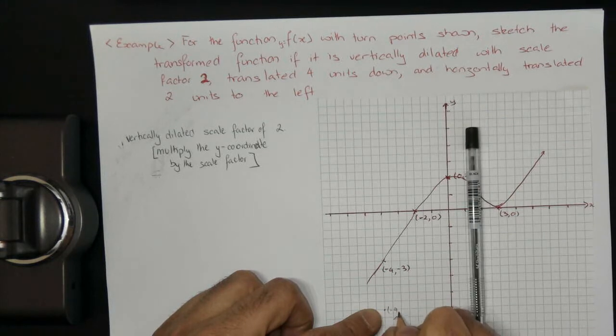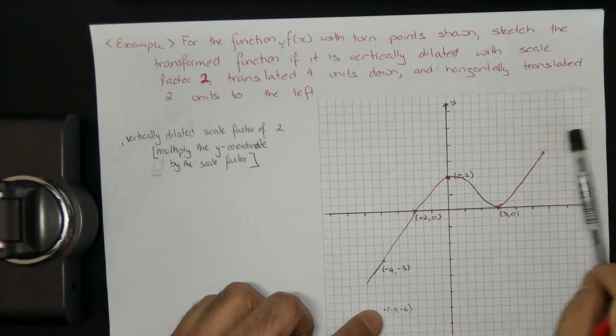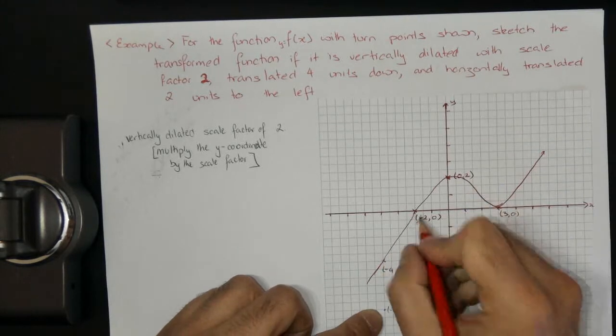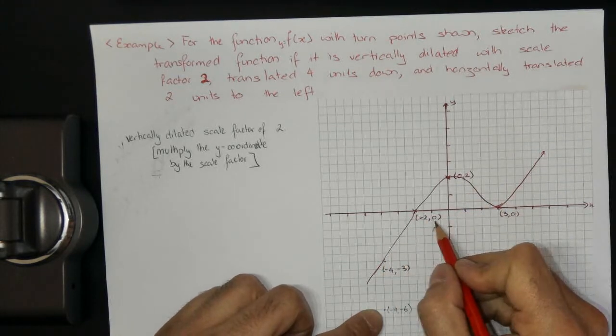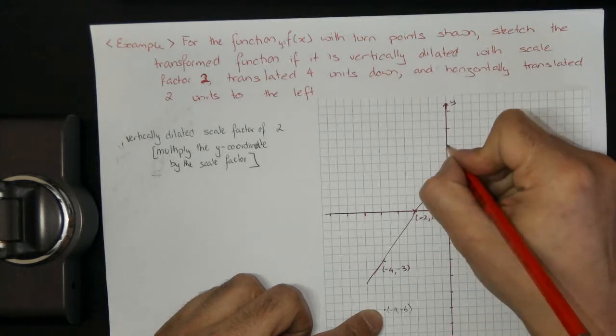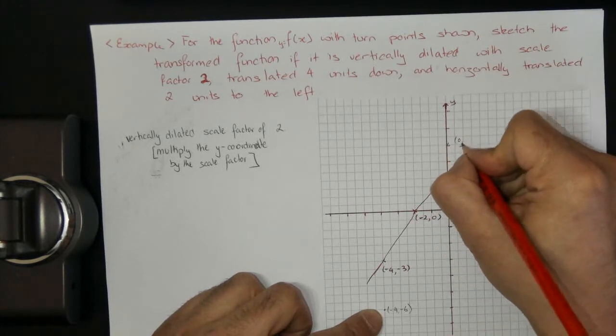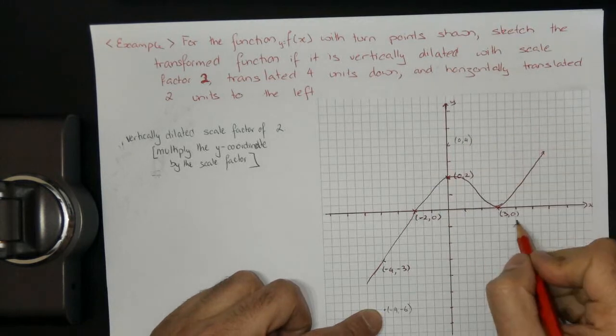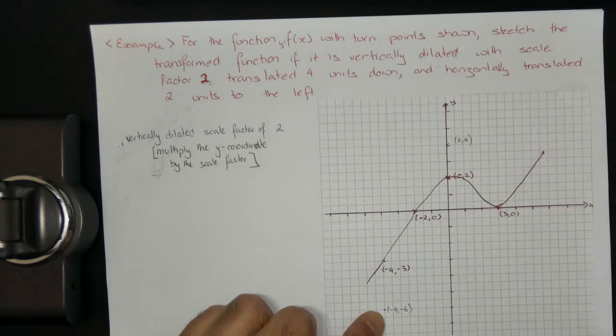So (-4, -6). This would still stay at (-2, 0). 2 times 2 is 4, so this now becomes (0, 4). And this will stay at (3, 0).